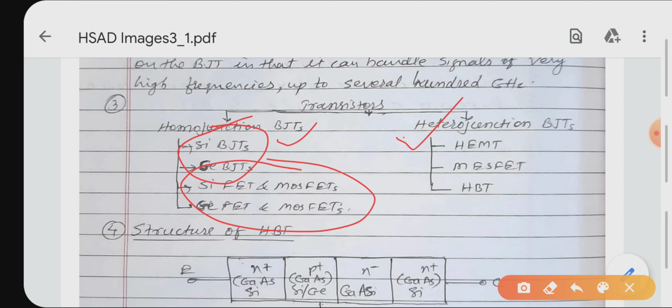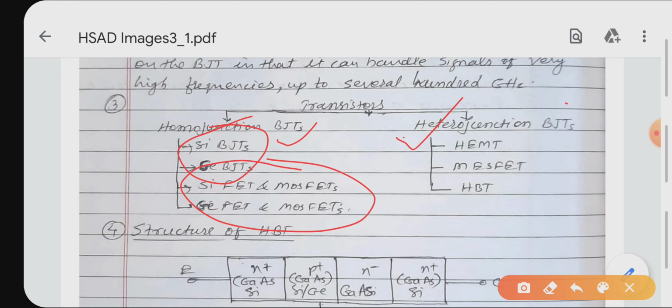Actually, FETs and MOSFETs are not bipolar, they are unipolar transistors, as we have seen in its working theoretically. BJT is bipolar, that means the current conduction is by means of both types of charge carriers. In case of FET and MOSFET, the current conduction is by means of only one type of charge carrier, that means either holes or electrons. That's why they are unipolar devices.